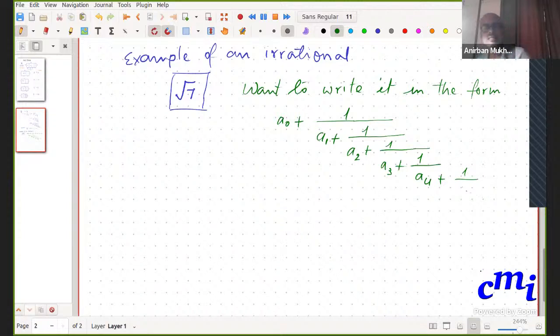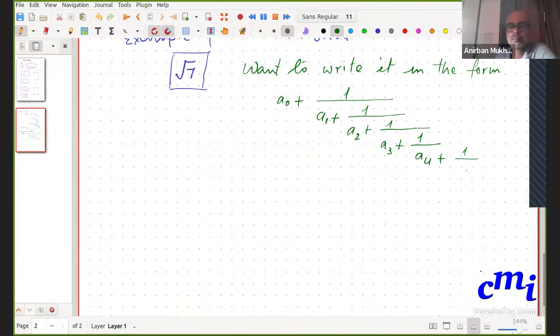So as you would imagine, it's expected to terminate for rational numbers, but for an irrational number, let's see what happens. So we want to write square root of 7 in this fashion, where A0, A1, A2, A3 all are integers.